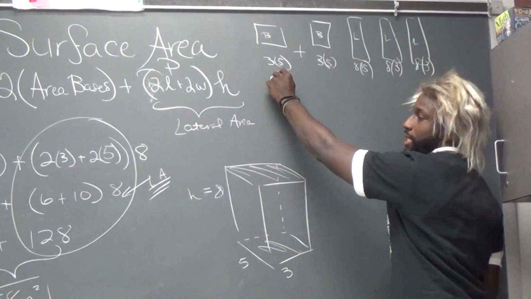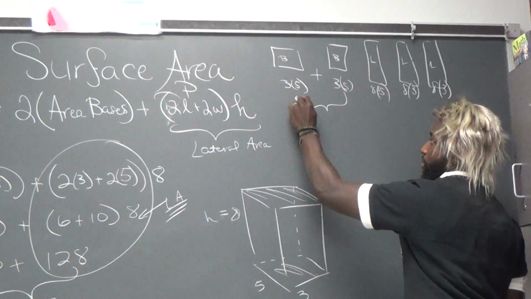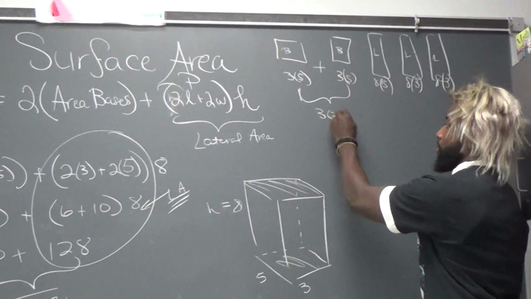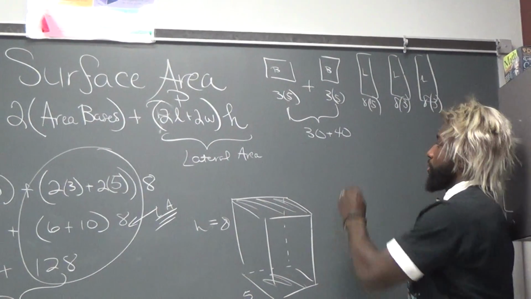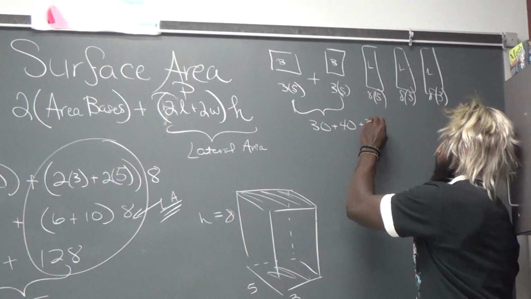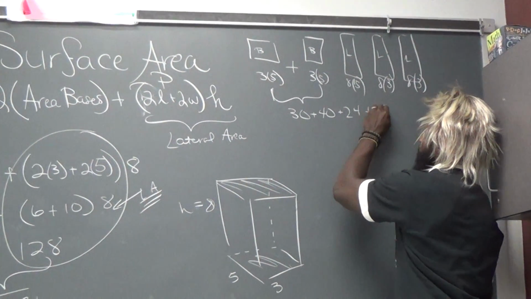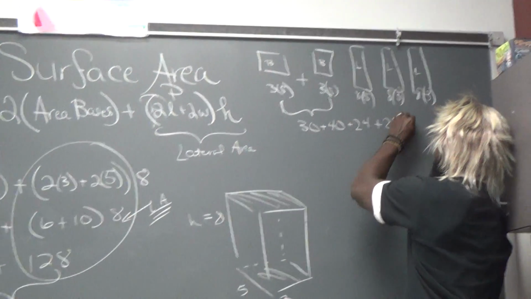3 times 5 is 15. You got 15 plus 15, which is 30. Then you got 8 times 5, which is 40. 8 times 3 is 24, and 8 times 3, 24. And we're missing an 8 times 5, which would be 40.